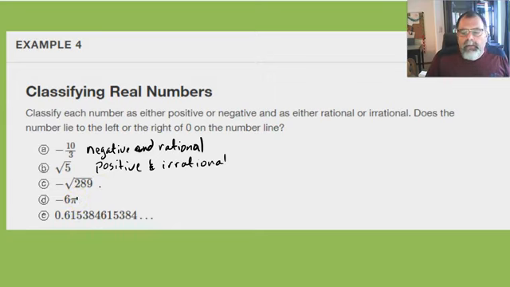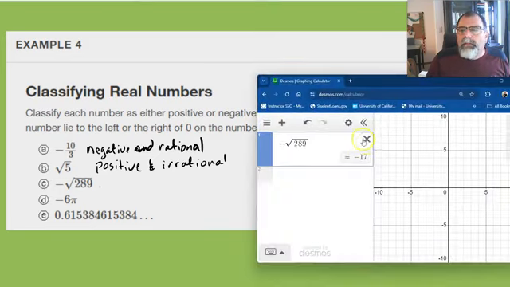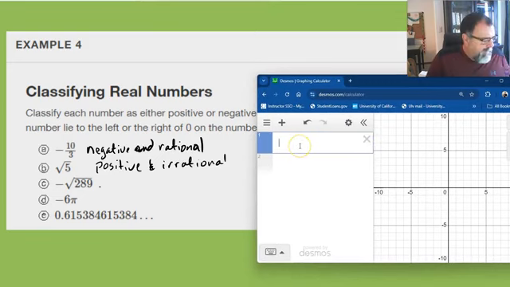Pi, all right, the next one here. Pi represents the number roughly 3.14159, and so on. Okay, and it is an irrational number. And then if you multiply that by 6, it will still be an irrational number. So in fact, let me show you on here.